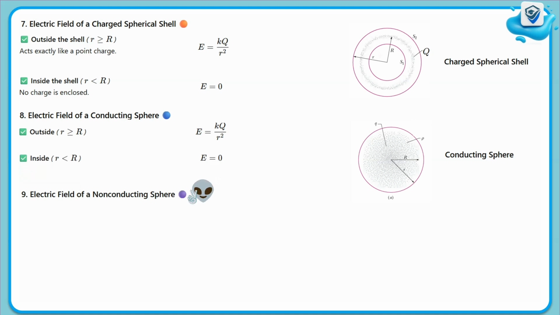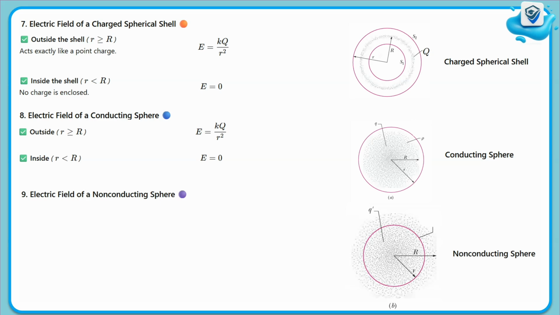Step 3. Non-conducting sphere. Finally, let's look at a non-conducting sphere. Here, the charge is distributed uniformly throughout the entire volume instead of only on the surface. Outside the sphere, nothing changes. The electric field is still E equals kQ divided by r squared.